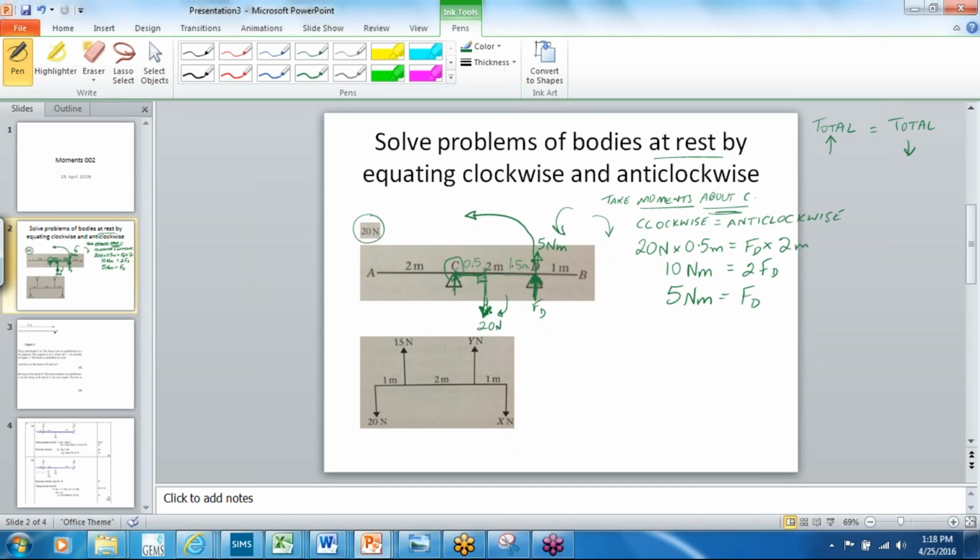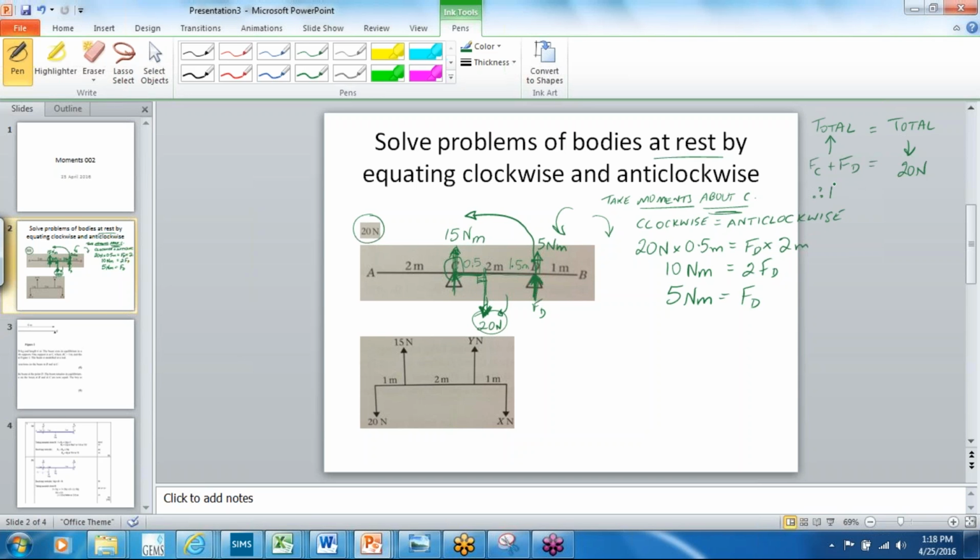And we've got a total downward force of 20 newtons. Therefore our force at C plus our force at D is going to be our total force up. If there's a force up at 5 newtons, well, what are we going to have over here? So that's 5, this must be.